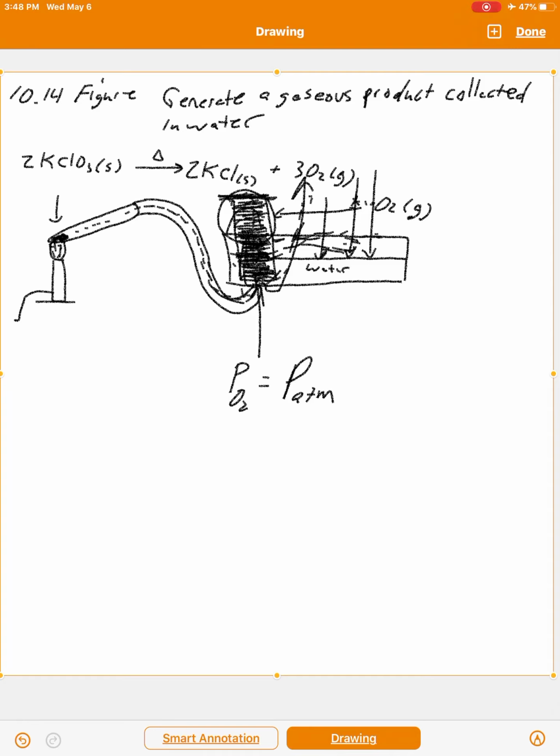For example, if you jump into a pool, you can feel the pressure of the water on your skin. What I'm talking about is what's called vapor pressure, and vapor pressure is very interesting. If you have a liquid in a container, so water is liquid in a container, it turns out some of that liquid on its own, just due to the energy of the molecules, will vaporize into a gas.